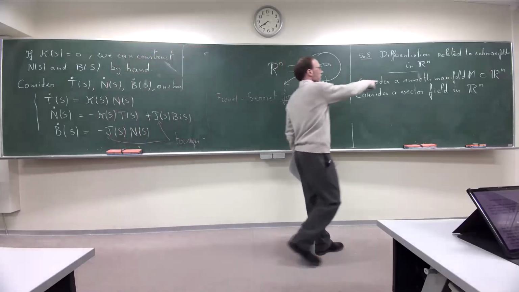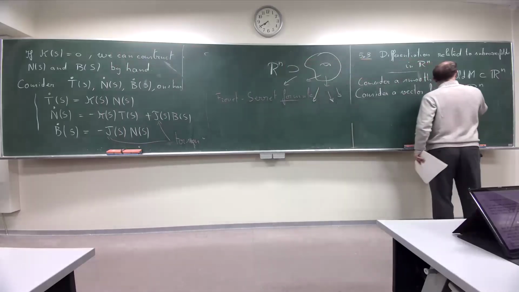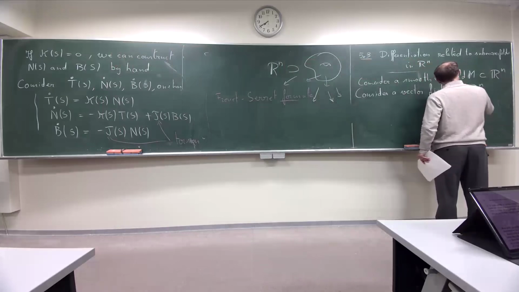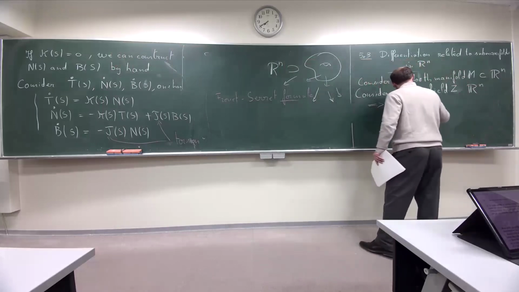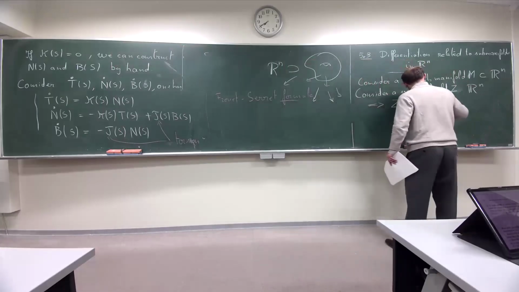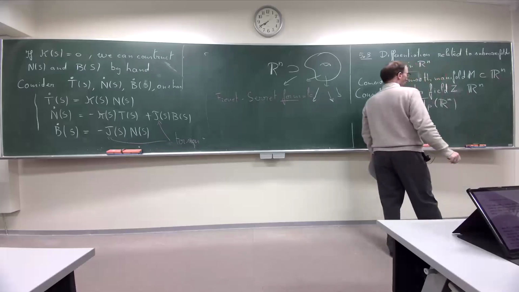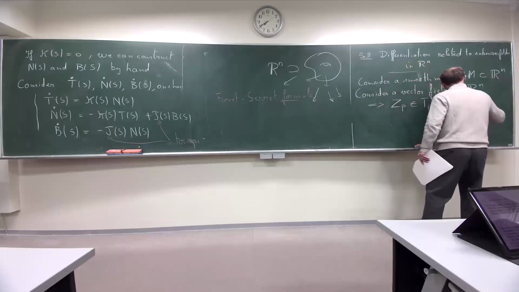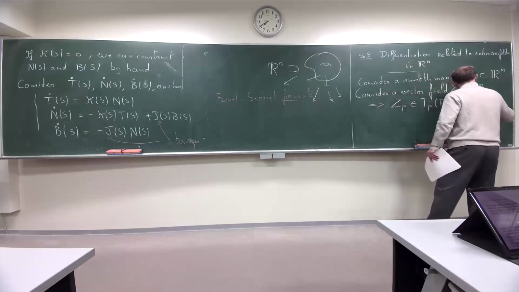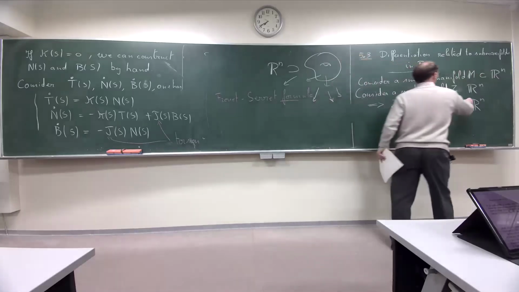So we consider a vector field in Rm, and I call it capital Z, which implies that Zp is just a point in the tangent space of Rn, but you can identify it with Rn itself. It's an identification.